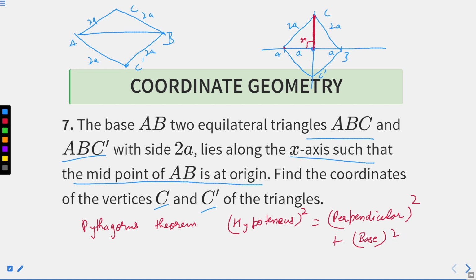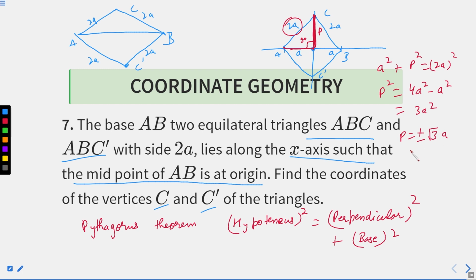Here this one is the base, so a square, plus here this one is the perpendicular, so let's name it p square, and here is the hypotenuse, so hypotenuse square is this. So p square is equal to, simplifying, 4a square minus a square, which gives 3a square.